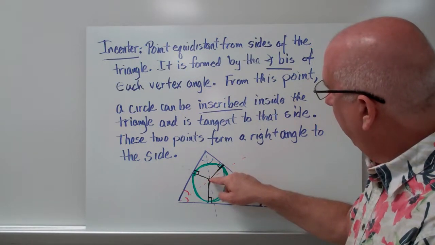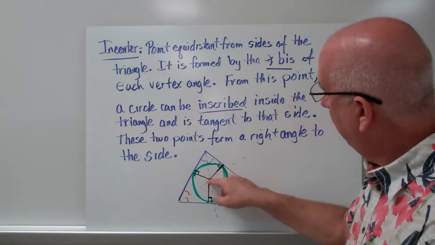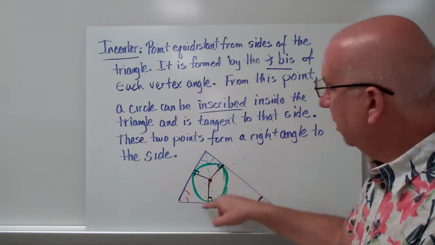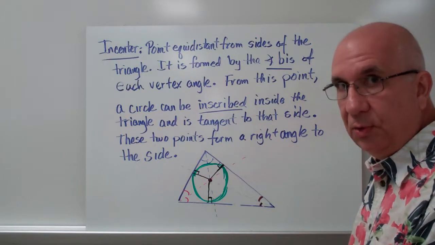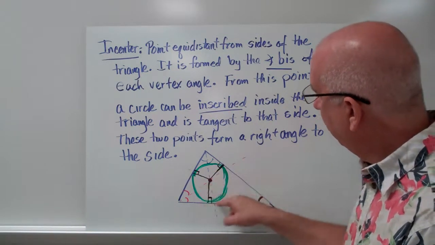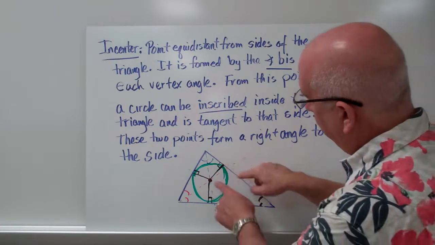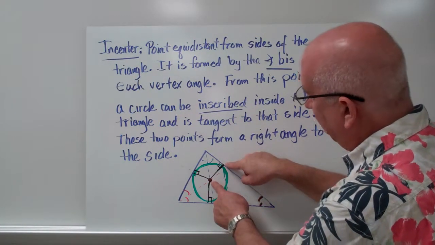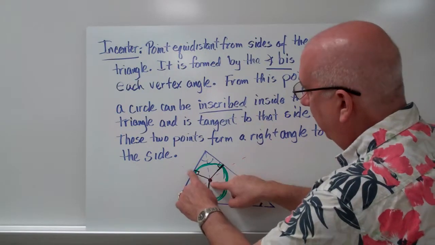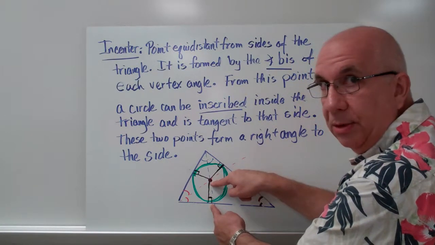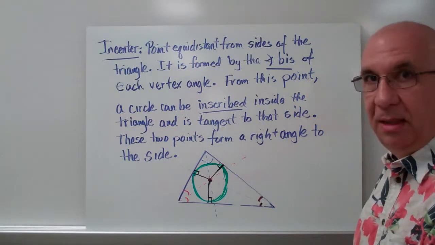The distance from here to the point of concurrency here, where I could draw a circle that is inscribed, inscribed means inside the triangle, forms a right angle. So the point of concurrency here and the point of tangency here, or from here and here, and from here and here, all form right angles. That's incenter.